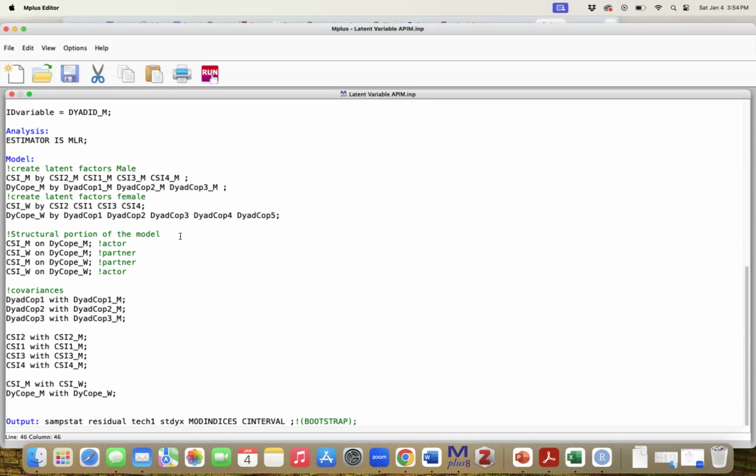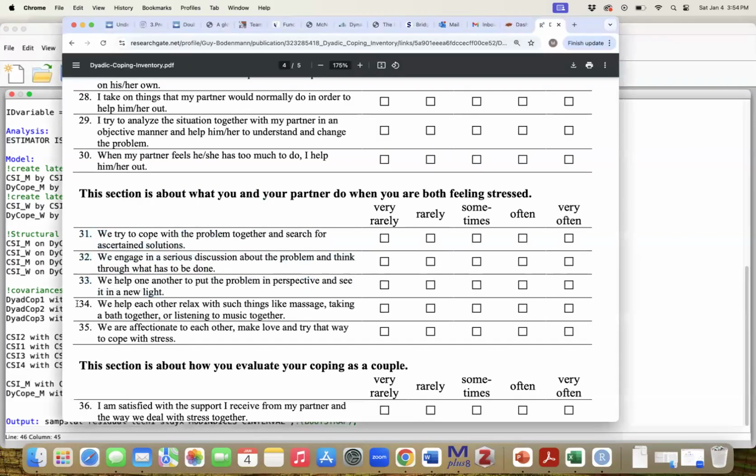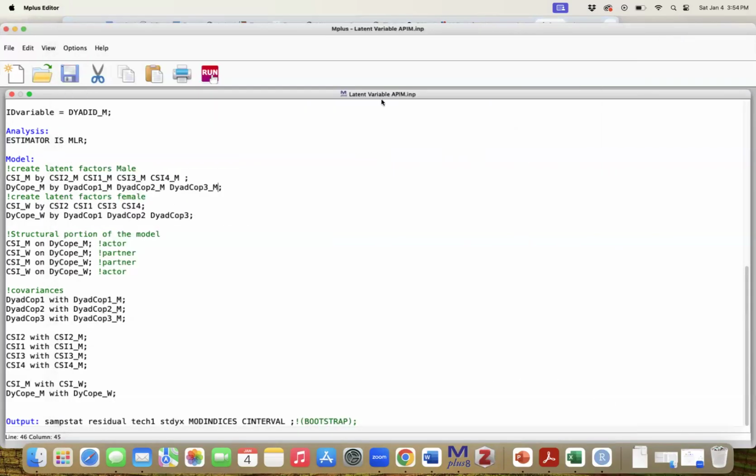All right. So I'm going to go ahead and drop those two items from the dyadic coping inventory, items 34 and 35, getting rid of these guys right here, and just focusing really on these first three items. All right.